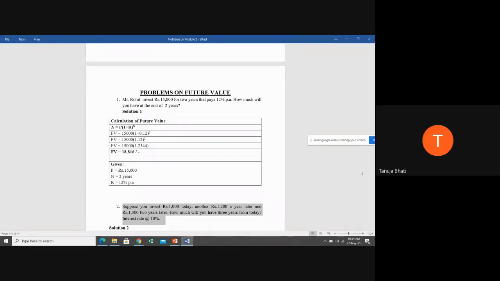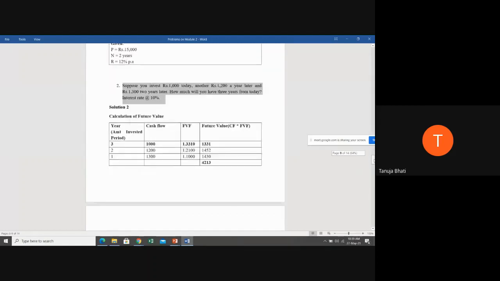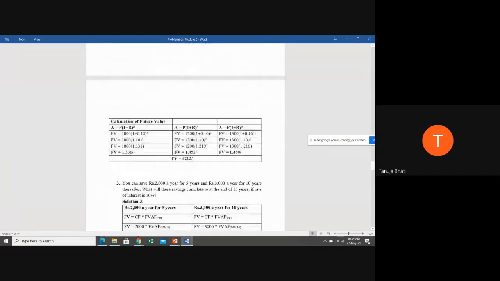So there are two methods to solve this. Let us see. First, I'll show you this method. So calculation of future value: A is equal to P in the bracket 1 plus R raised to N. So first 1,000 rupees is deposited for a period of 3 years. In the next year, 1,200 is deposited for a period of 2 years.